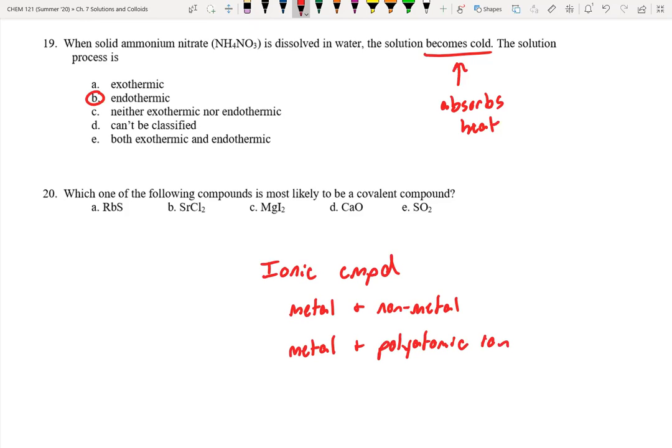Or it's going to be NH4 plus a non-metal. That's another polyatomic ion, but ionic compounds tend to fall into these three main categories.